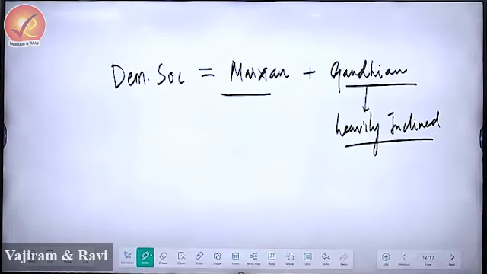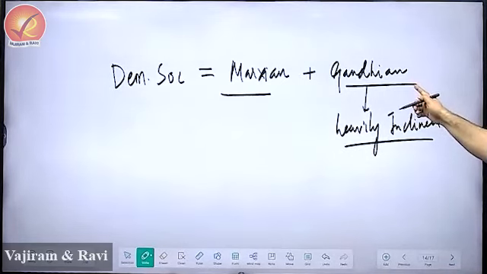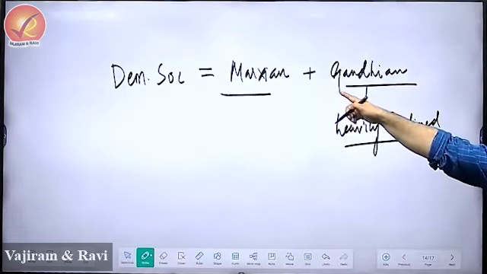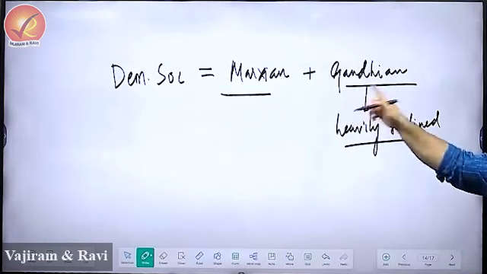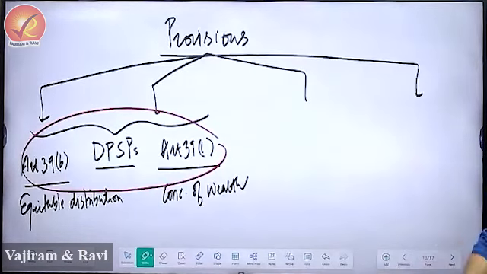Gandhian socialism simply means bottom-up approach for development in one line. Understood? Where the grassroots institutions will be stronger is the idea of Gandhian socialism. So Indian socialism or democratic socialism is a mixture of both Marxian as well as Gandhian socialism, and that's what we see in our DPSP, Directive Principles of State Policy.